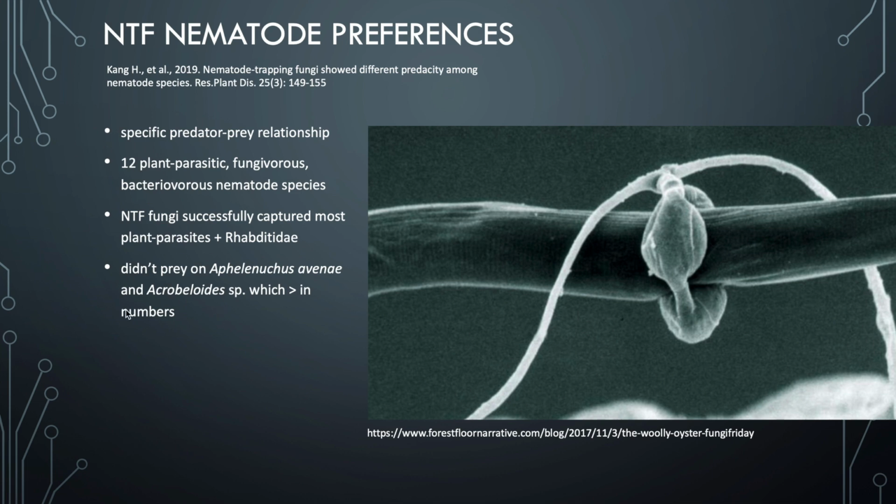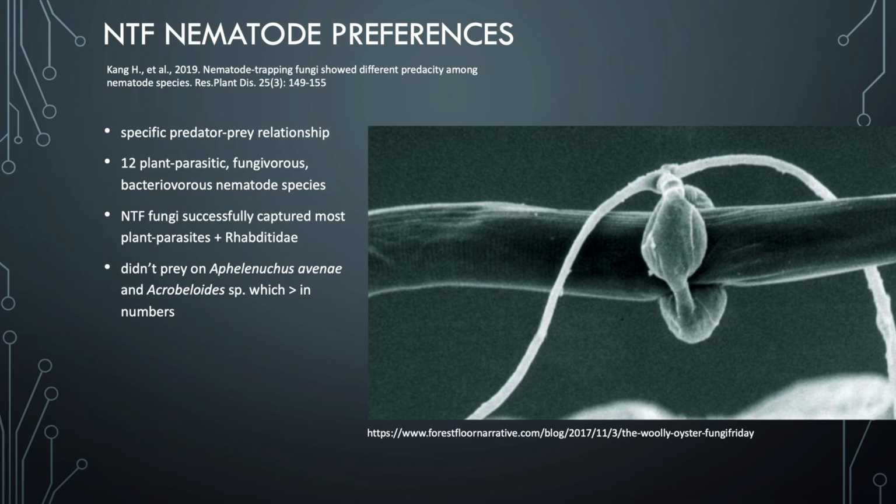As to why Acrobeloides didn't get consumed, that depends obviously on many factors, such as the ability of these fungi to recognize Acrobeloides as a potential food source, biochemical signals that are used as recognition and susceptibility cues between the fungi and the nematodes, and obviously Acrobeloides was not recognized in this case as a food source for any of the fungi that were involved in the study.